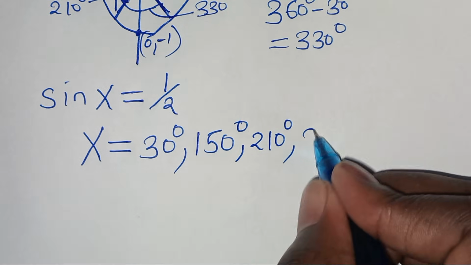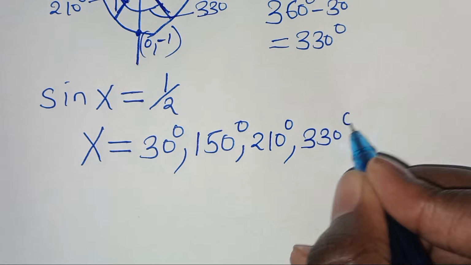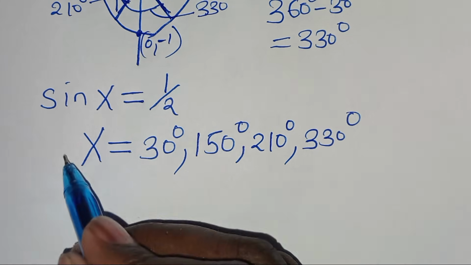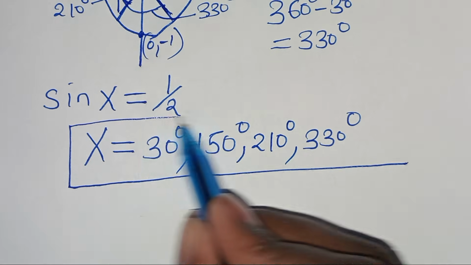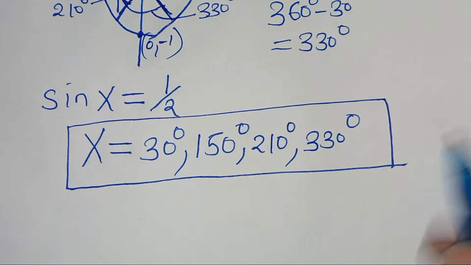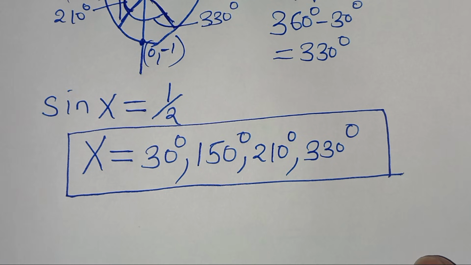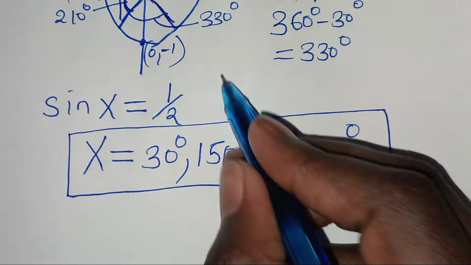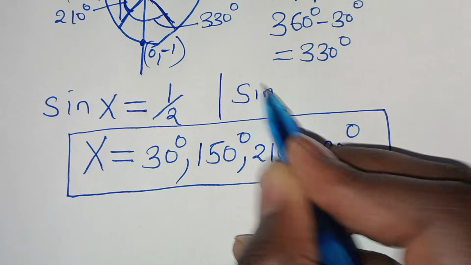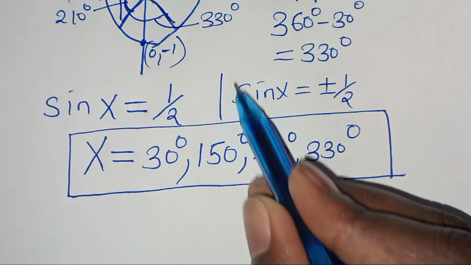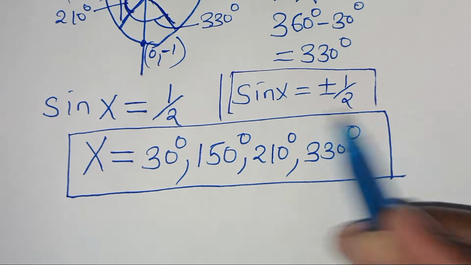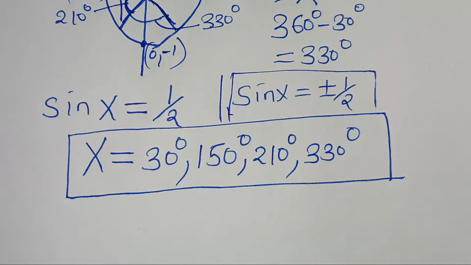So here we have 330 degrees. So these are the angles, or the values of x, when sine x is equal to plus or minus a half. So these are the values of x.